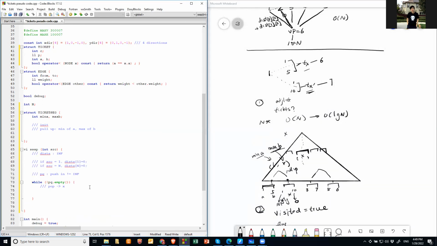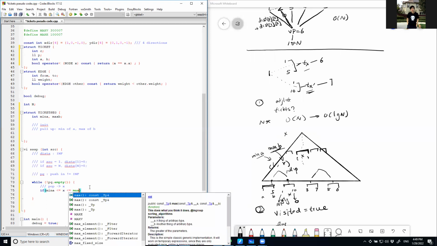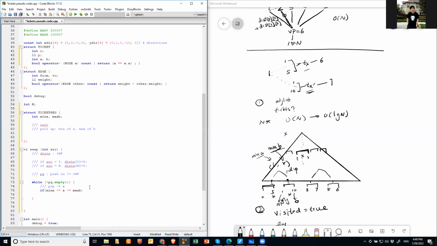So if X is within the range, right? So if minimum A less than X and less equal max B, right? If it's this, then you go down, right?